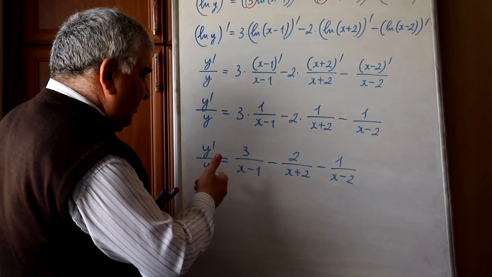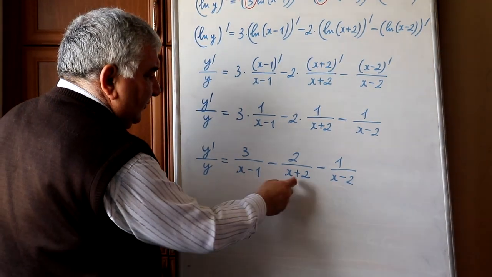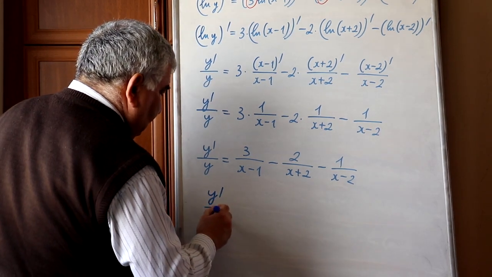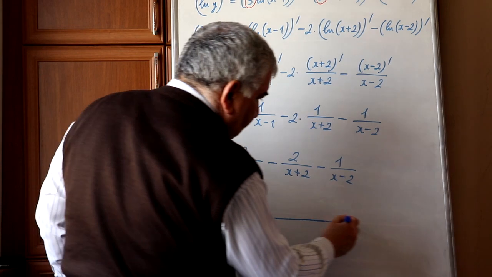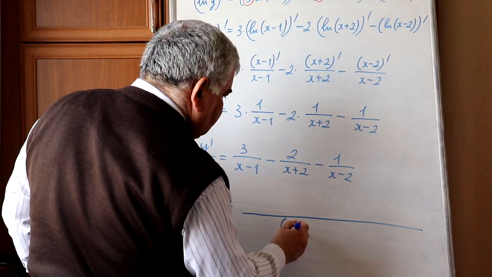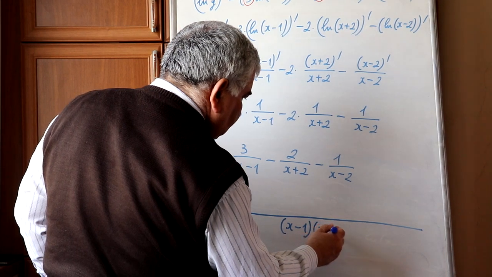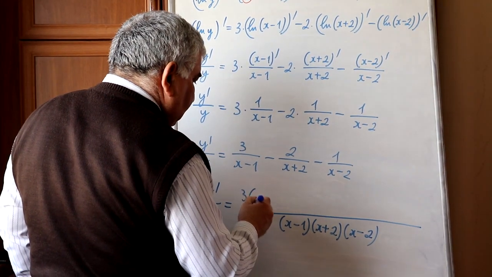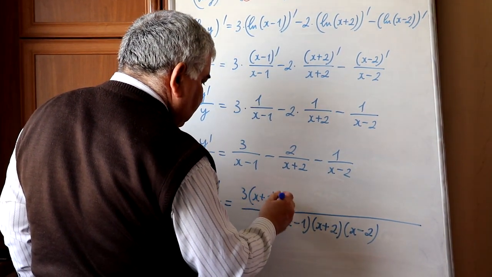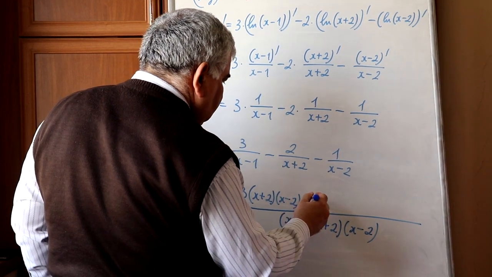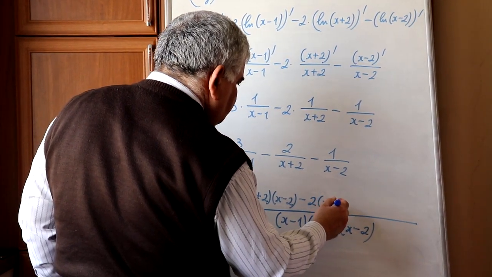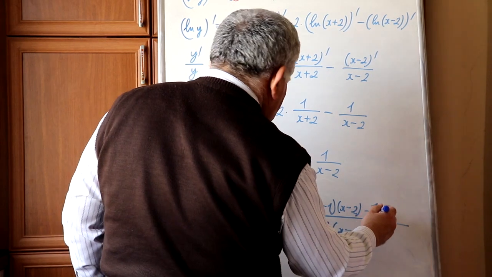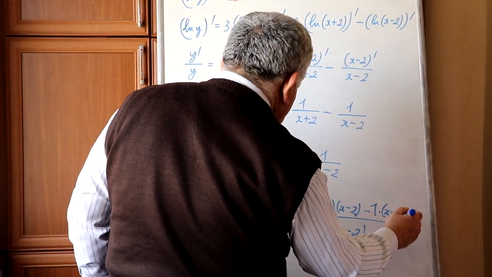Here the common denominator is the product of all denominators: x minus 1 multiplied by x plus 2 multiplied by x minus 2. Here 3 multiplied by x plus 2 by x minus 2, minus 2 multiplied by x minus 1 multiplied by x minus 2, and finally minus 1 multiplied by x minus 1 multiplied by x plus 2.